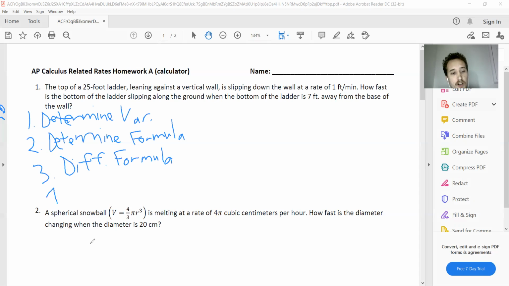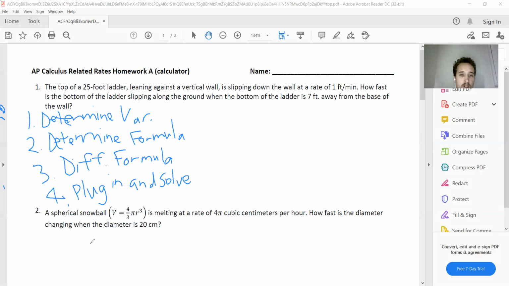And then four, plug in and solve for unknown variables.